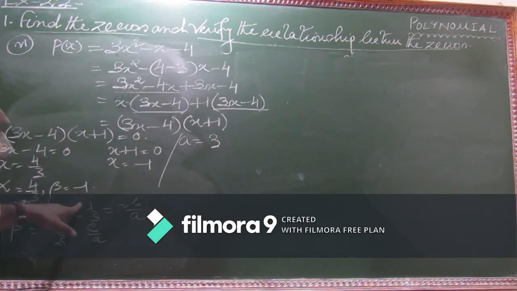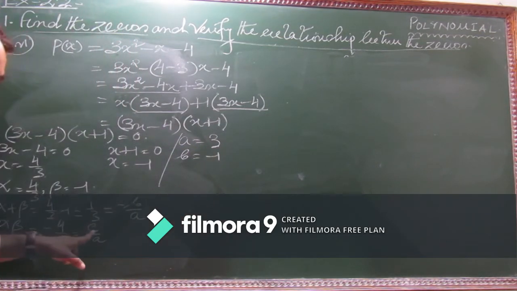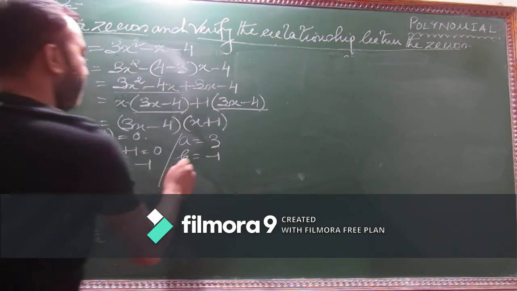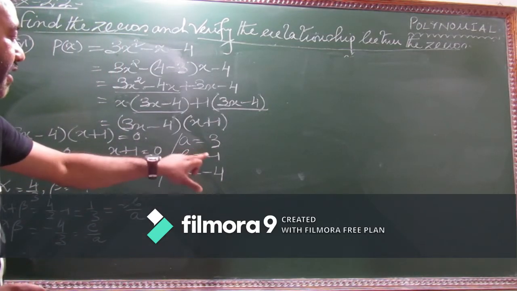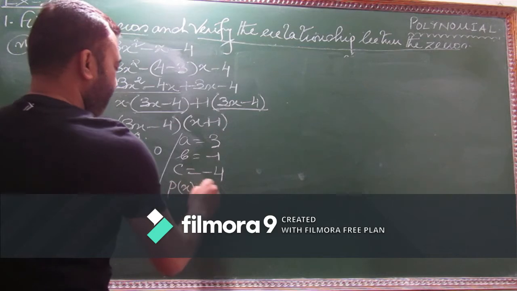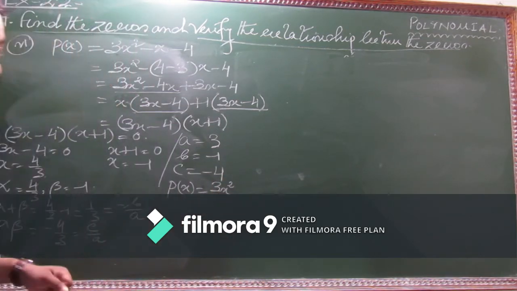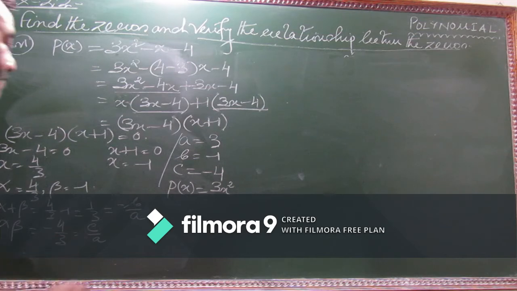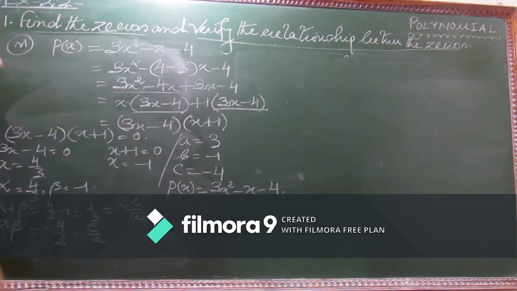That means b is equal to minus 1. And c is equal to minus 4. So what is this? ax square plus bx plus c. That means polynomial p(x) is equal to 3x square minus x minus 4. It is successfully done.